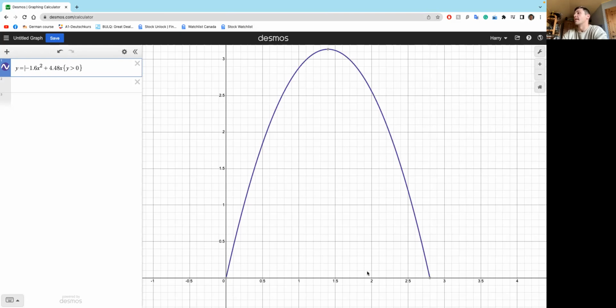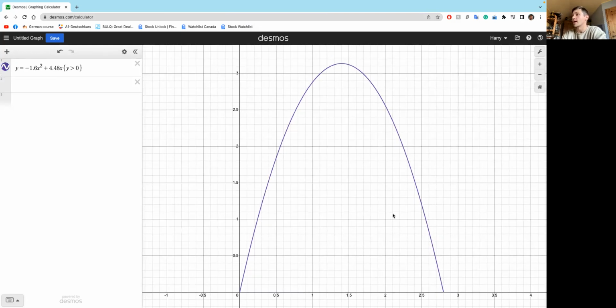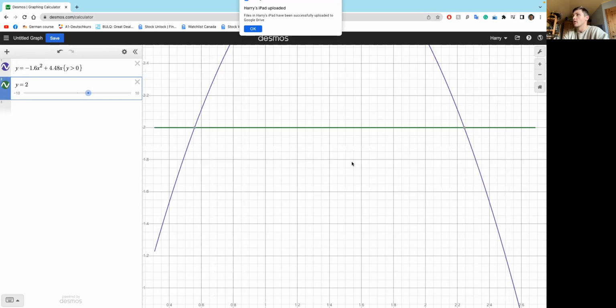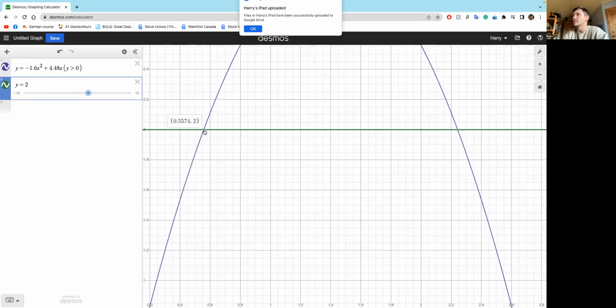There we have our archway drawn. Now we're going to draw the line y equals 2, a horizontal line across at 2 meters in the ballroom. Now we're going to look at these intersections. So we've got 0.5572 and 2.243.